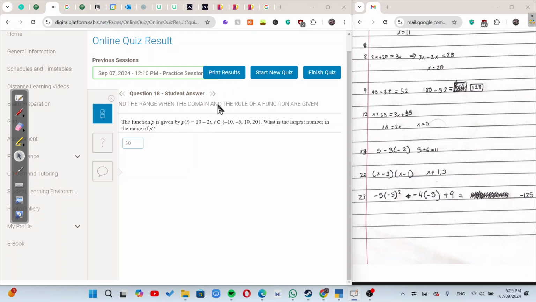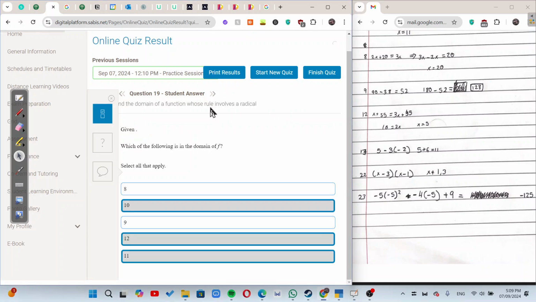Next question. The function f of radical x minus 10, which of the following must be in the domain of f? Like I said, you need to find what makes this 0, and anything above it is correct. If x minus 10 equals 0, so 10 minus 10 equals 0, your x must be 10 or anything above 10.